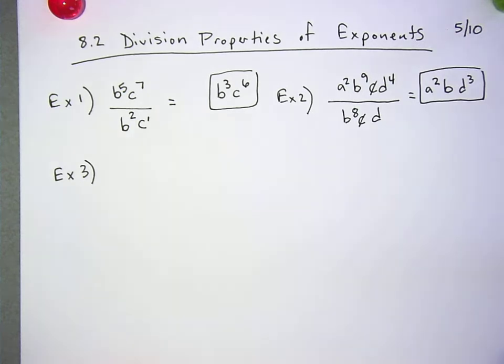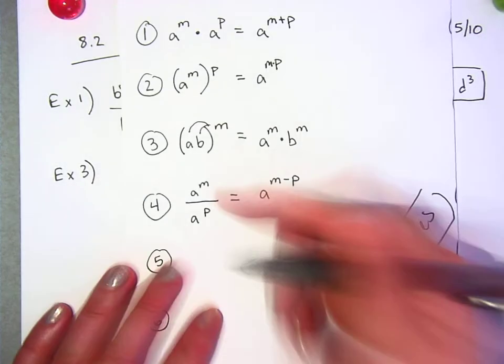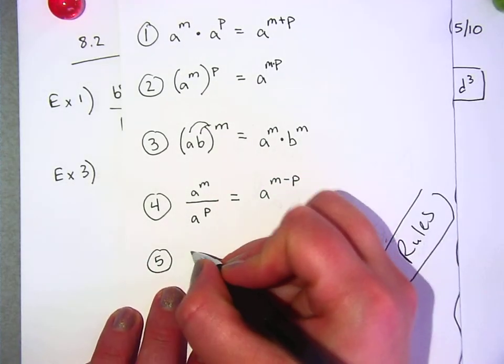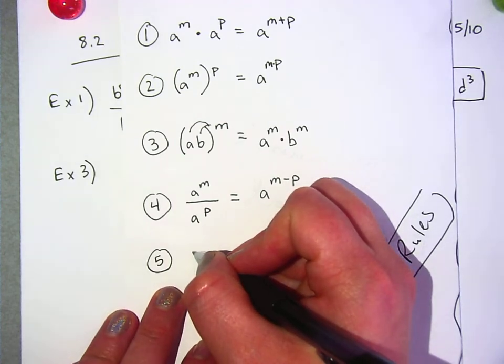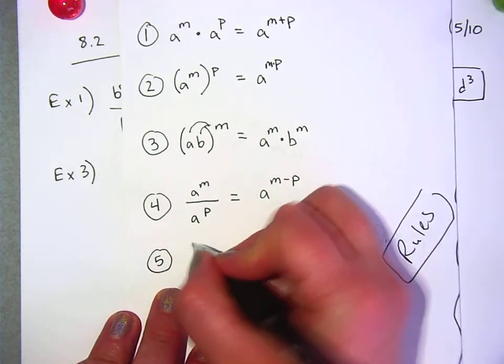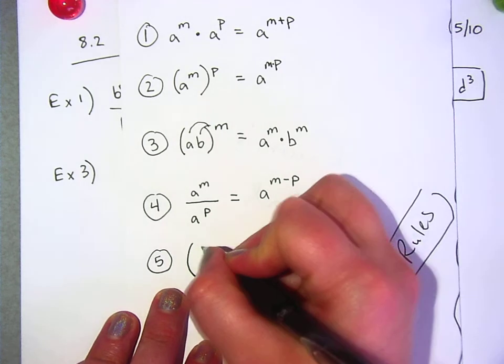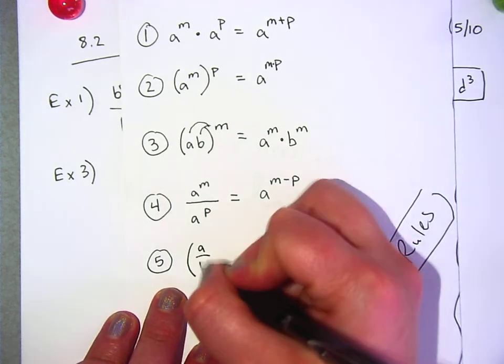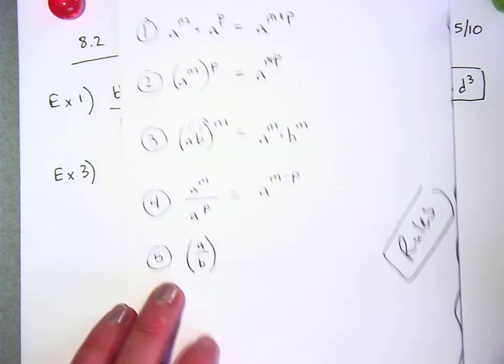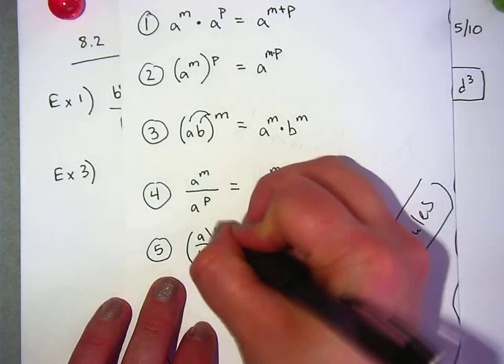All right. Example 3. Actually, let's do another rule. All right, so go back to the rules. All right, next rule. What if you have a over b in parentheses and an m on the outside?